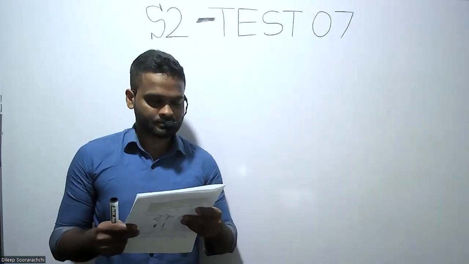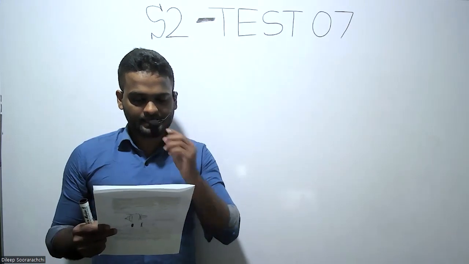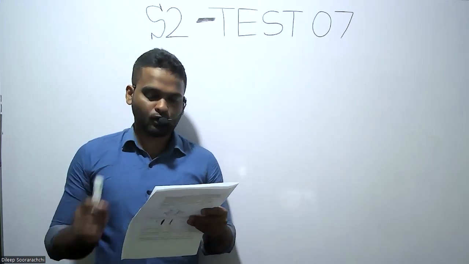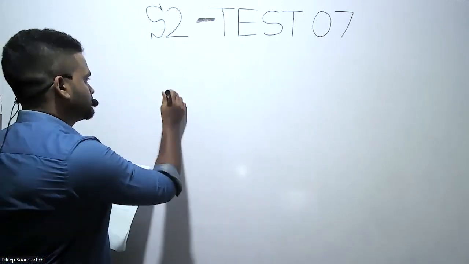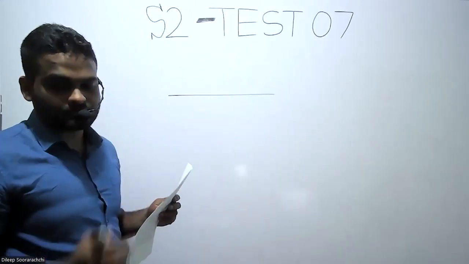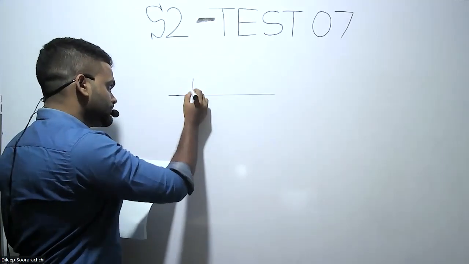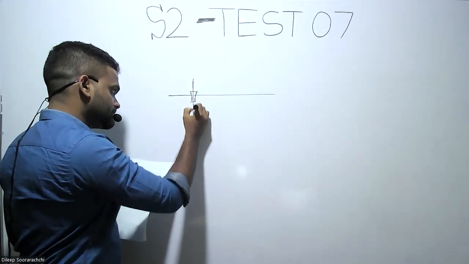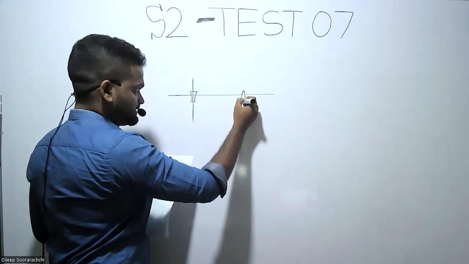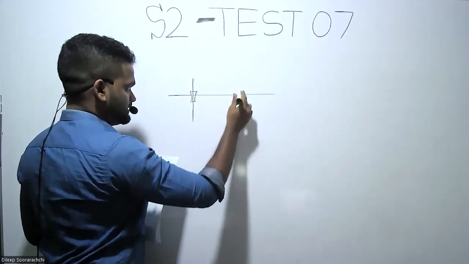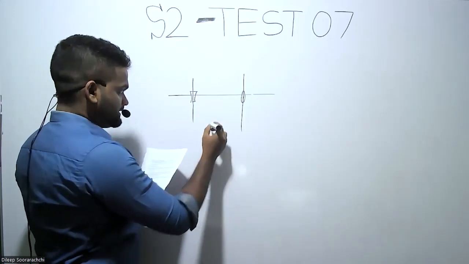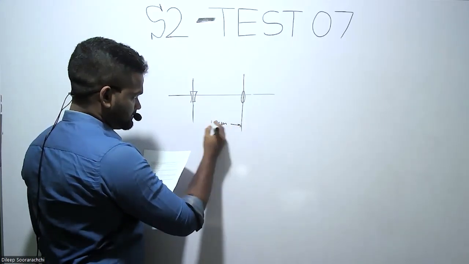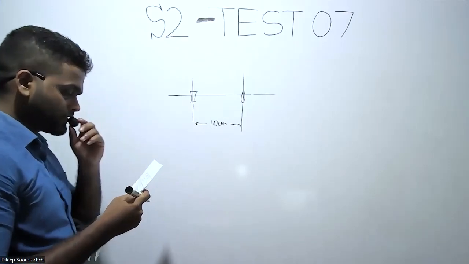13th. A convex lens and a concave lens are placed coaxially at a distance of 10 centimeters. We have a concave lens and a convex lens. Coaxially means like this. And the distance between the lenses is 10 centimeters.